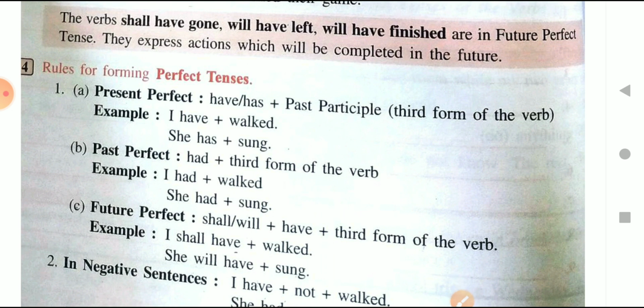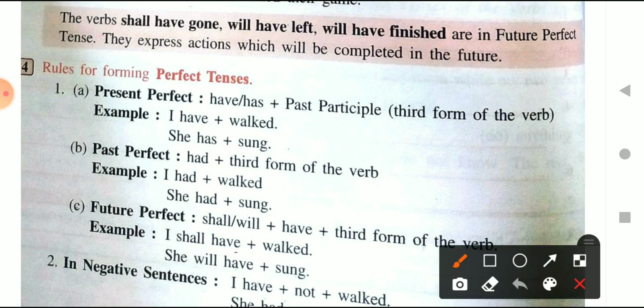So now let's see how we form these perfect tenses. So for present perfect tense, what do we do? We use have or has with the past participle, that is the third form of the verb. Like I have walked. Okay, she has sung. These are examples of perfect tense in the present form.